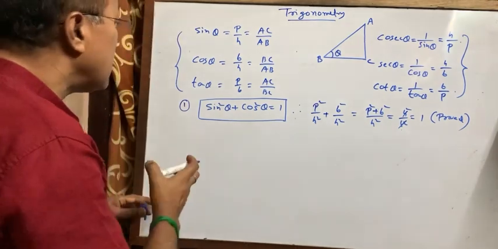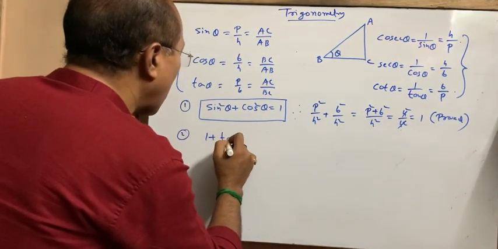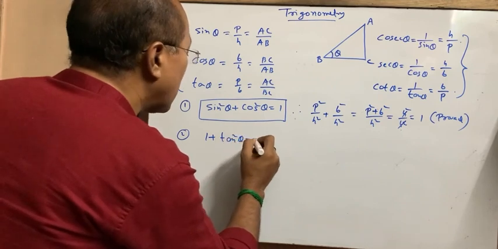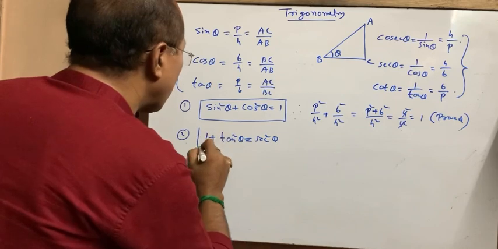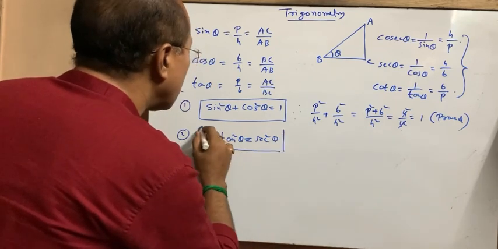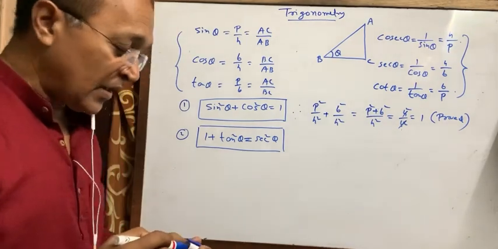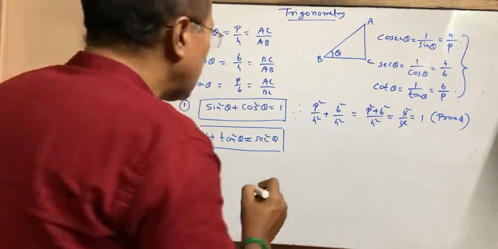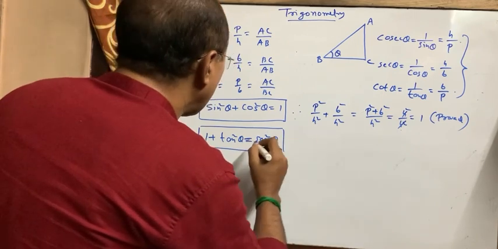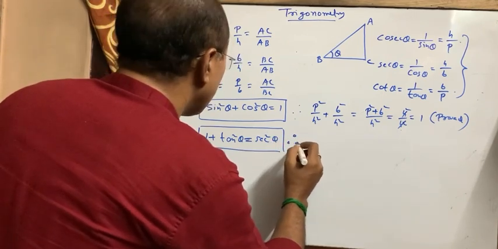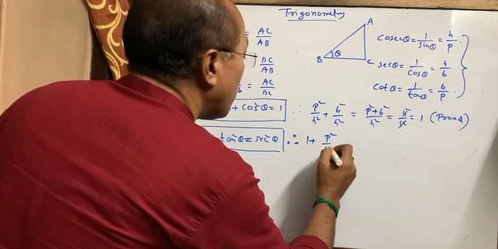Right. Relation number 2, 1 plus tan square theta is equal to sec square theta. It means 1 plus tan square theta means 1 plus p square by b square.